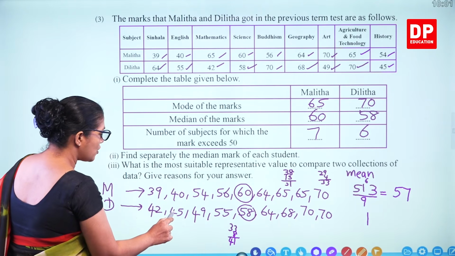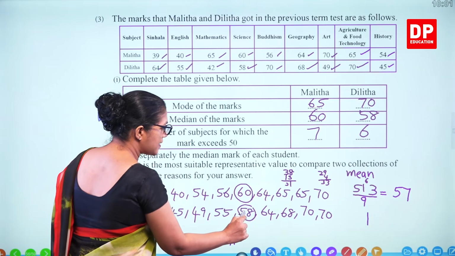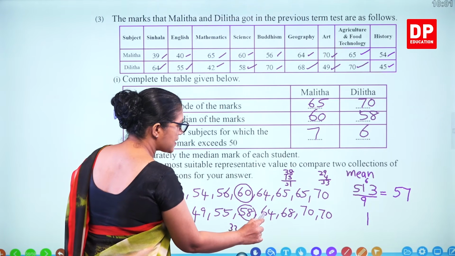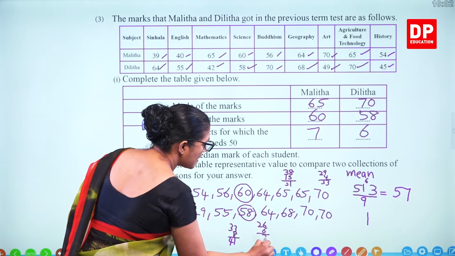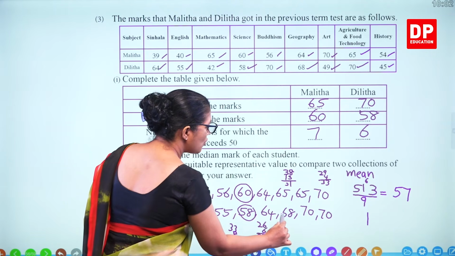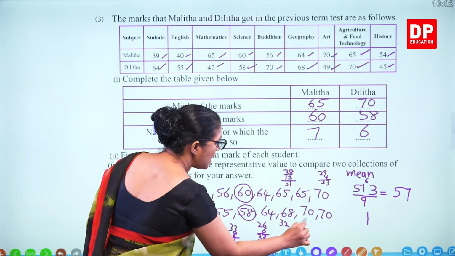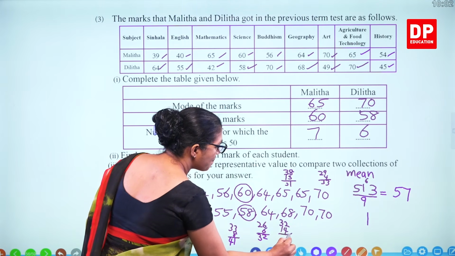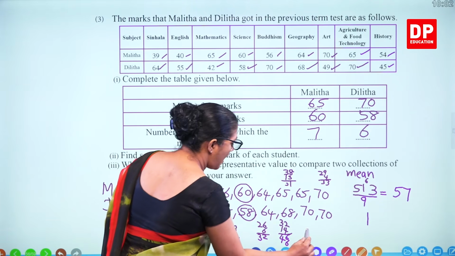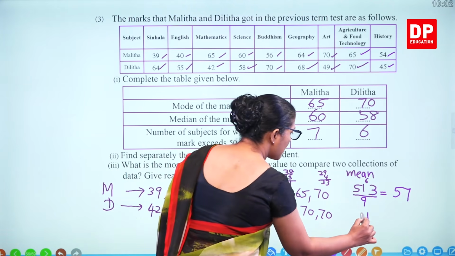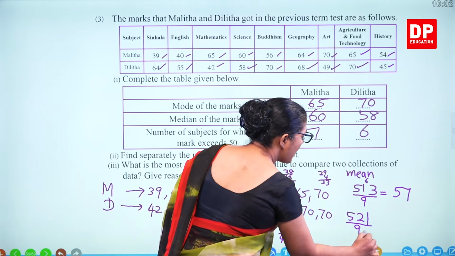And 8, 12, 16. 16 plus 10, 26. 26 plus 6, you get 32. 32 plus 14, 46, and then 6, add it, you get 521 divided by 9.